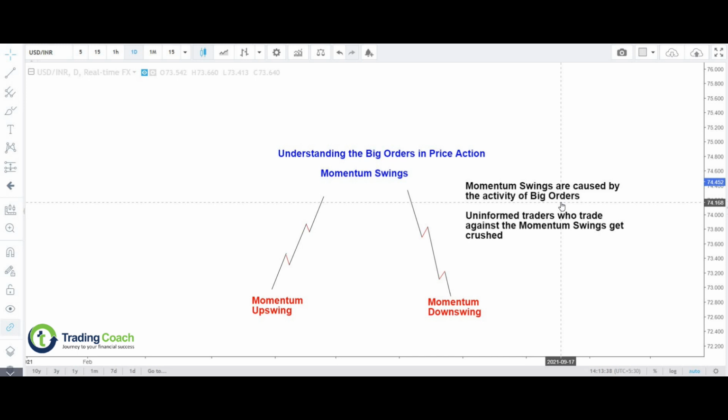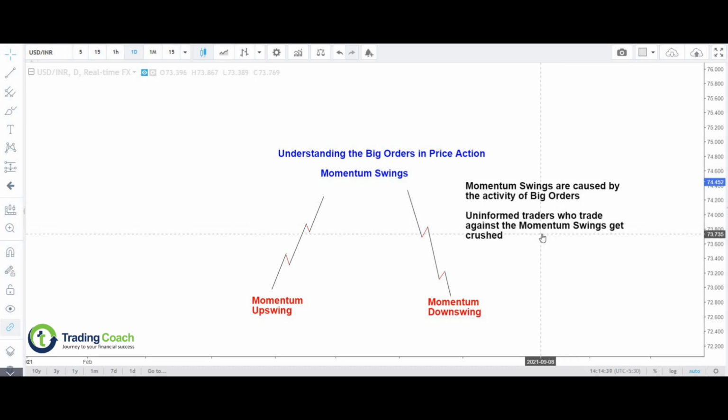Unlike small traders who place their orders with their retail broker, these big players like financial institutions and hedge funds trade with investment banks, so most often they will try to hide their order flow and their trading activity. That's the reason why it's not very easy to identify their behavior directly using the price chart. But with the help of momentum swings, we can guess their trading activity to a certain extent. Even though we cannot say it with 100% certainty, we can at least make a good estimate of where exactly these big players are entering and exiting the market.